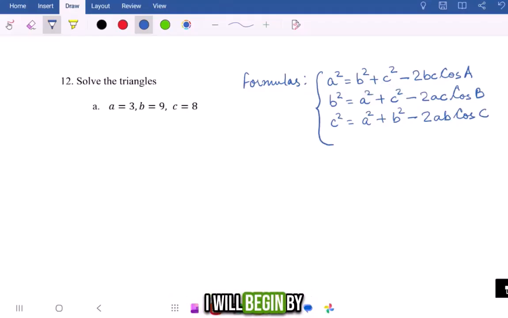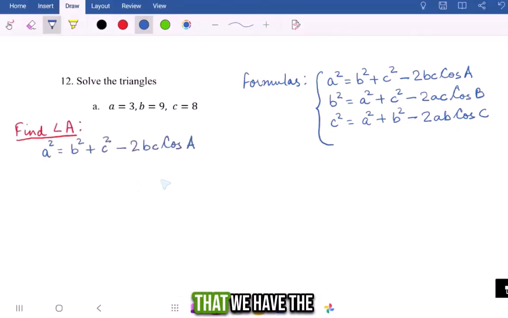So I will begin by rewriting this formula up front. It'll be easier for us to plug in the values correctly. Now that we have the formula written out, let's plug in the values. A squared would be 3 squared.